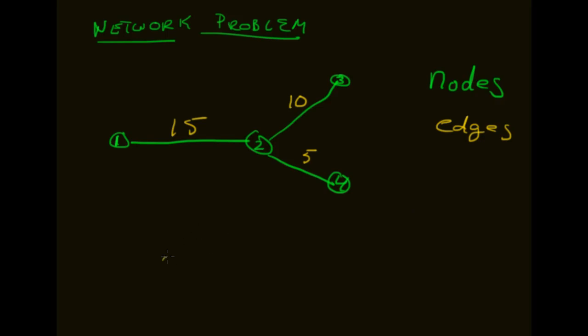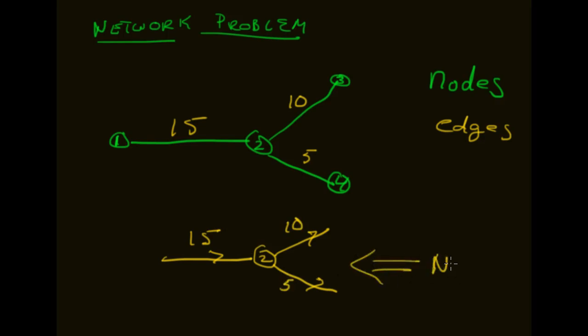And if I have a weighted graph that is also directed, so this is going this way, this is going this way, and the weights that come into the node are equal to the weights going out of the node, this is what we call a network. So it's a directed graph where the weights going into a node must be equal to the weights going out of the node.